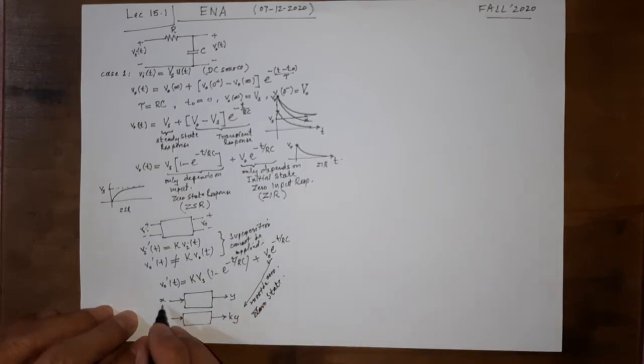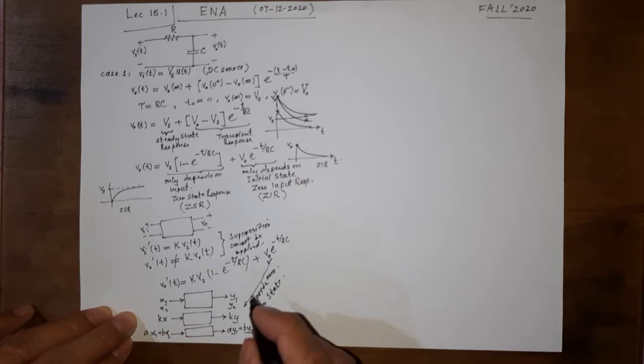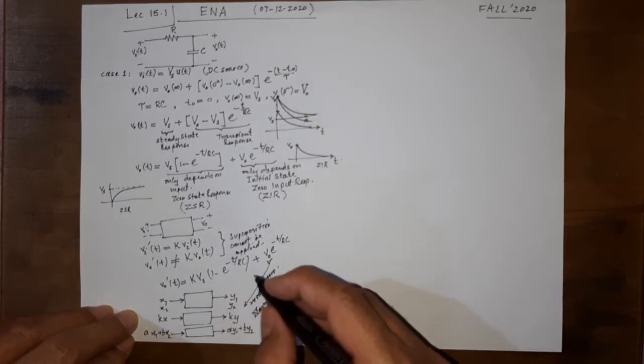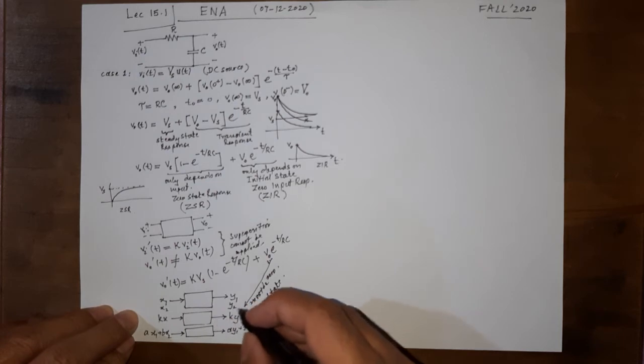So if there is some x1 with output y1 and some x2 with output y2, then the same system with input being a times x1 plus b times x2, for the output to be equal to a times y1 plus b times y2, that is the definition of superposition, then the system must be in the zero state form. There must be no initial condition.